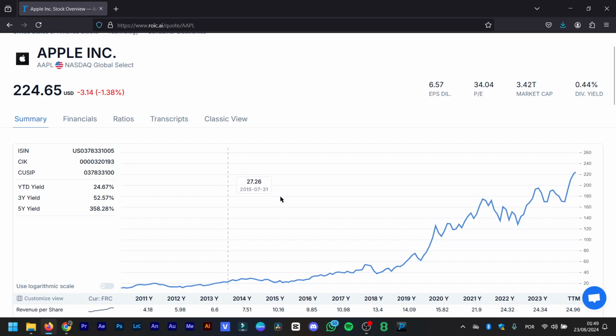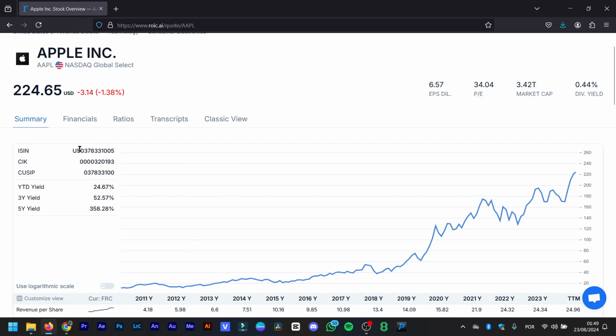Consistent revenue growth over time is a strong indicator that the company is expanding its market presence or launching successful products, okay? In this case, with Apple, I don't even have to say anything about Apple, you know what I'm saying? If the revenue here is declining, it's a red flag that requires further investigation. So you've got to take a look at that, okay?